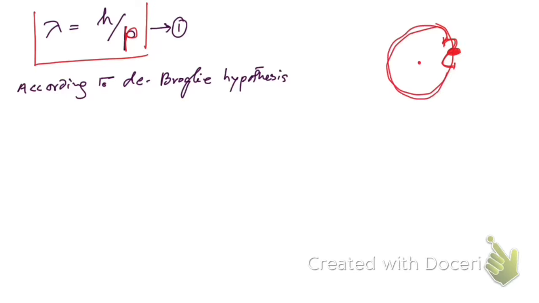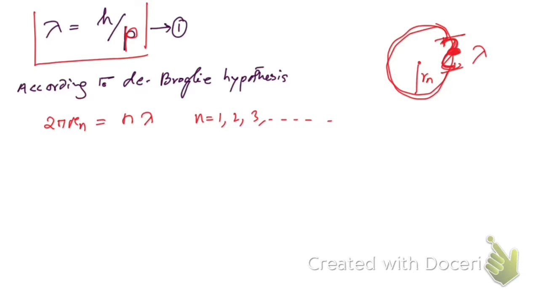That means if you divide the circumference by this wavelength, the remainder should be 0. If the wavelength is lambda and the radius of the orbit is Rn, its circumference is 2 pi Rn. That must be equal to an integral multiple of lambda, the wavelength associated with the electron, where n is equal to 1, 2, 3, and so on.